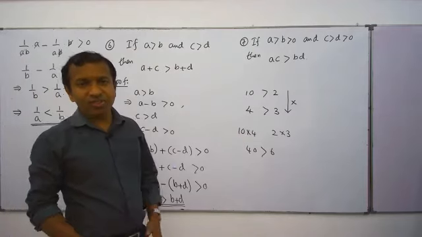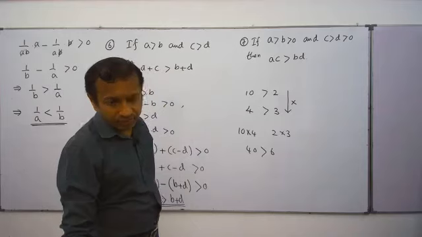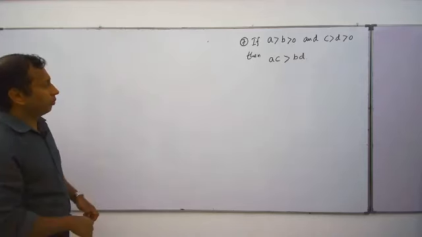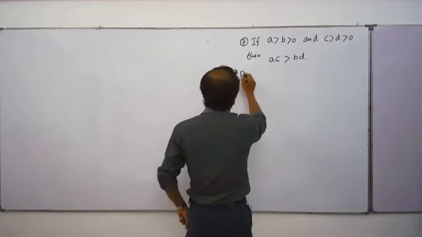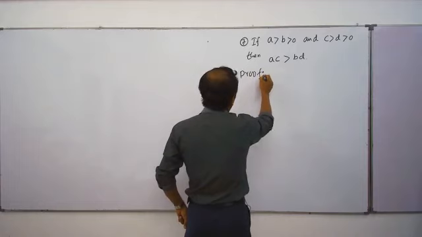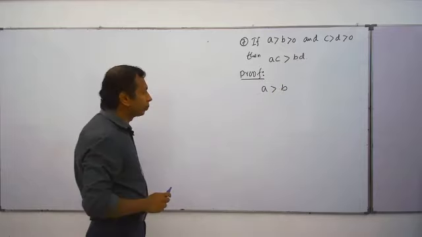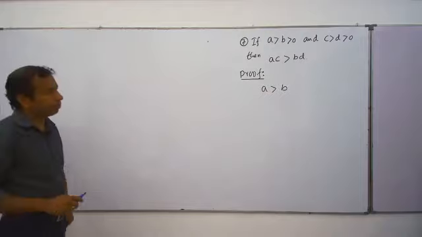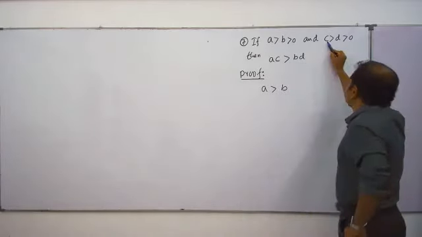Now, how to prove this? I proved the earlier six. I'll give you 2 minutes, just try to prove this one. Right, this is how we prove it. Proof: A greater than B. Here C is a positive value, no?